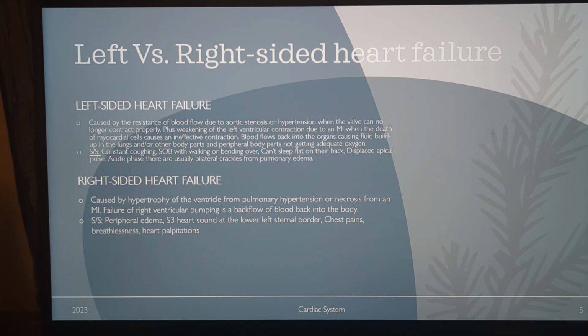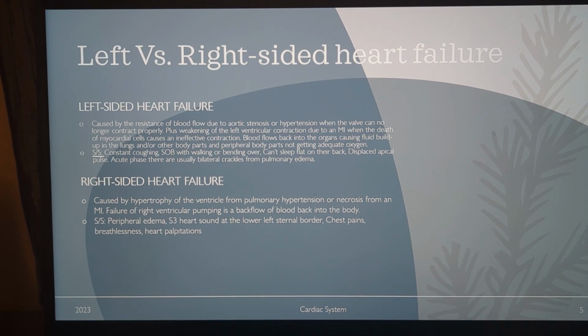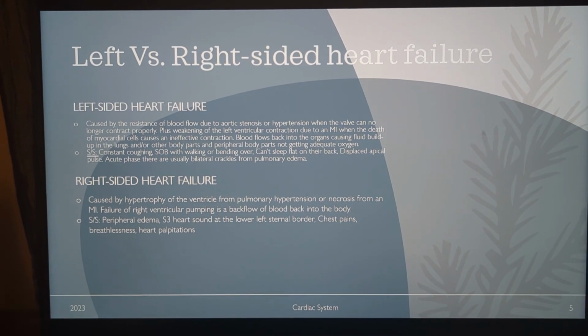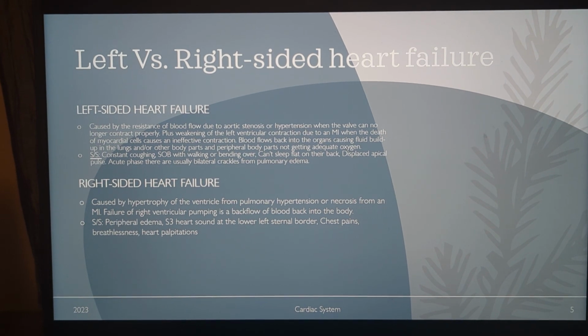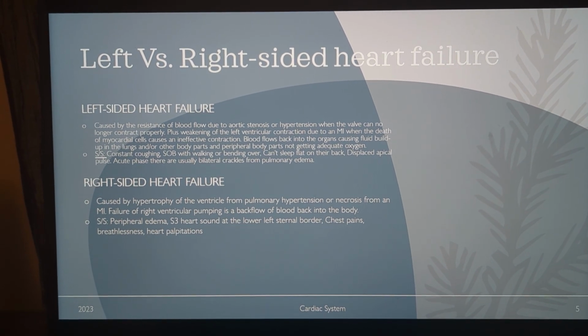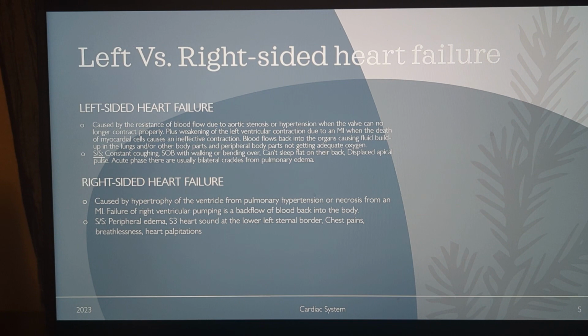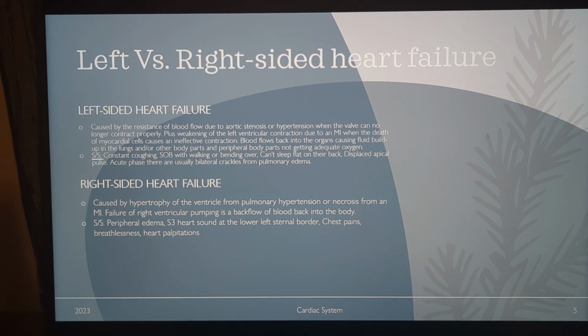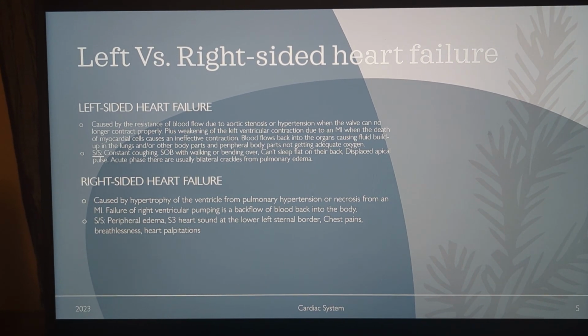Right-sided heart failure, caused by hypertrophy of the ventricle and pulmonary hypertension, or necrosis from a myocardial infarction. Failure of right ventricular pumping is a backflow of blood back into the body.